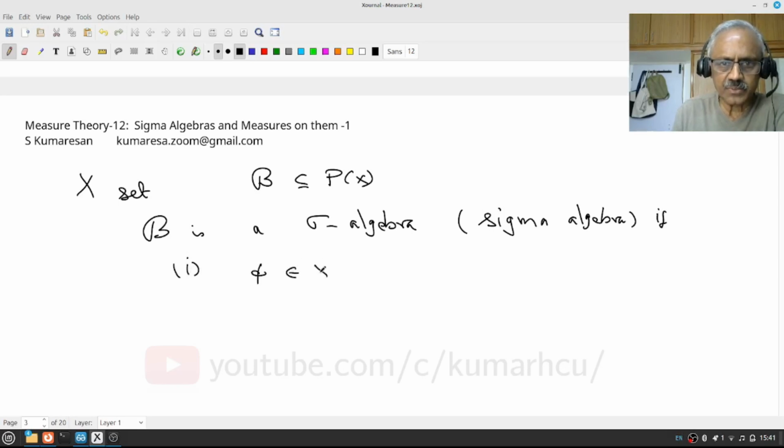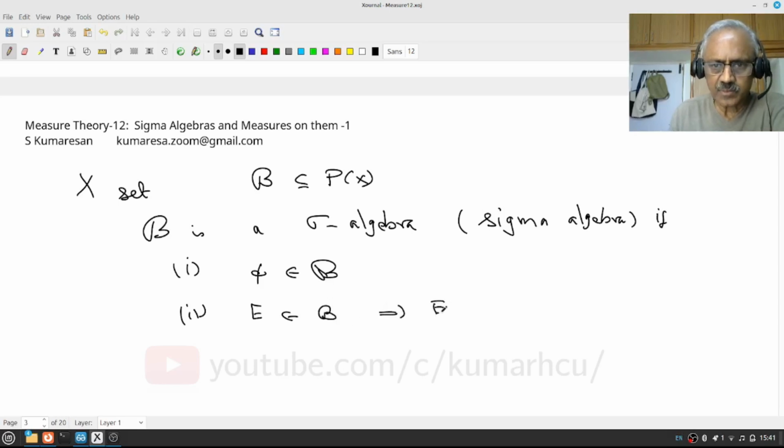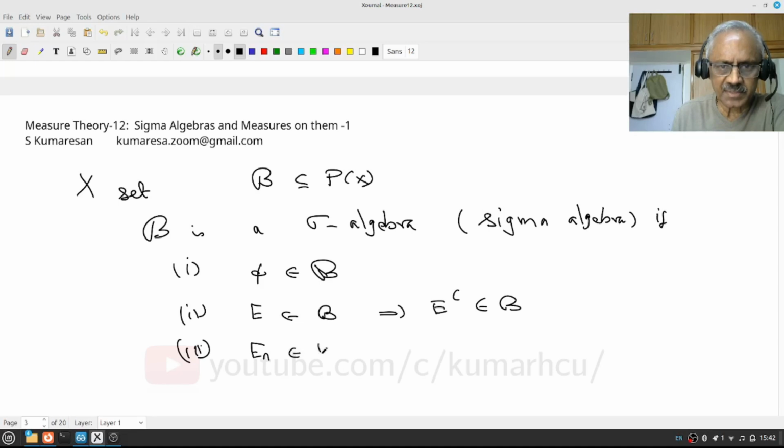One, the empty set belongs to B. Two, whenever E belongs to B, E complement also belongs to B. And three, whenever I have a countable collection E_n belonging to B for all n, the union of E_n belongs to B.